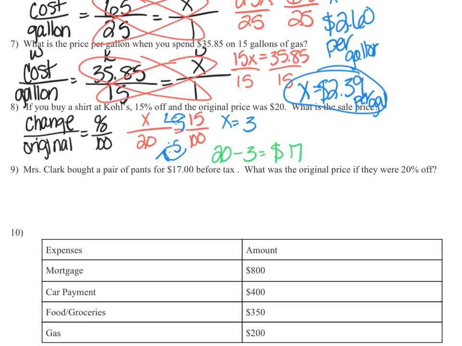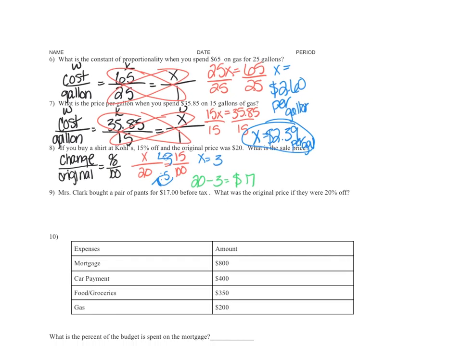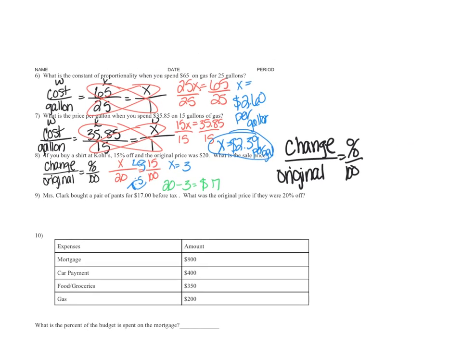So the other way we could look at this is if you come over here and we're going to do the change over original equals percent over 100. But instead of finding the sale percent, we're going to use our x over 20 still, but instead of 15, we're going to use 85 because that's the amount I'm actually paying.